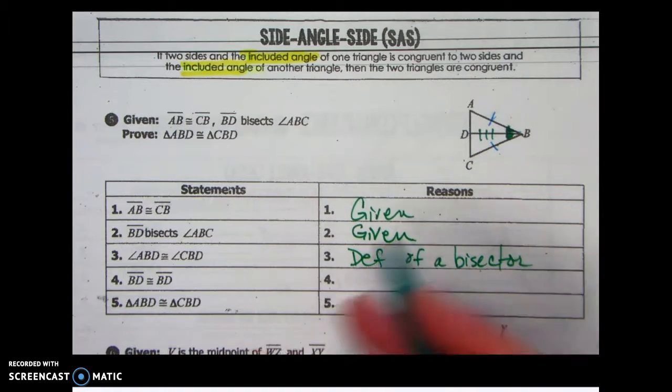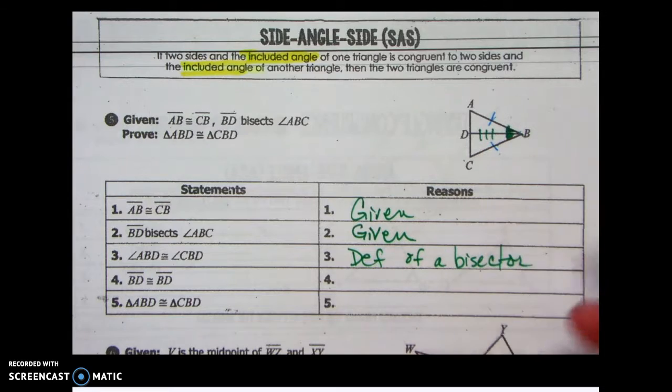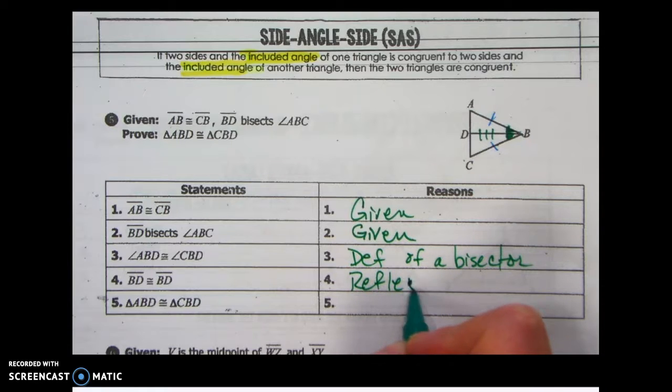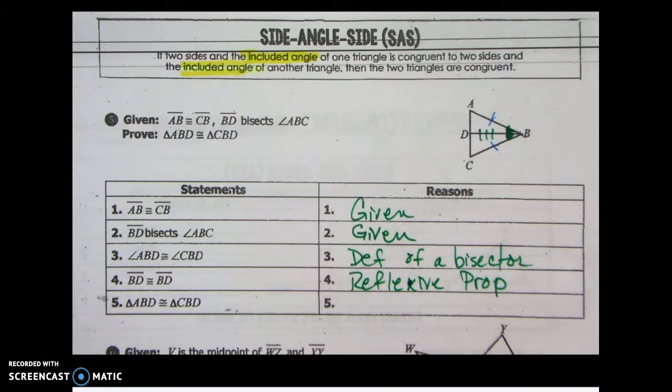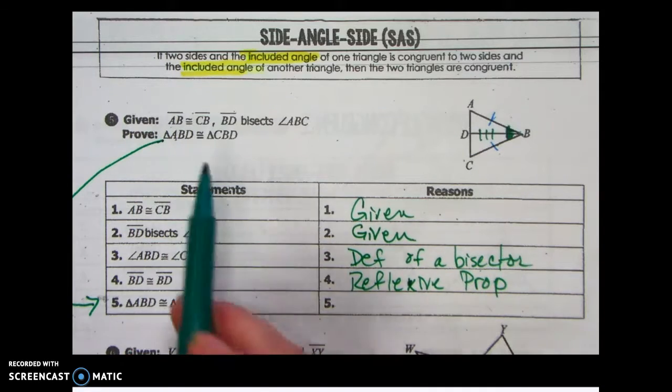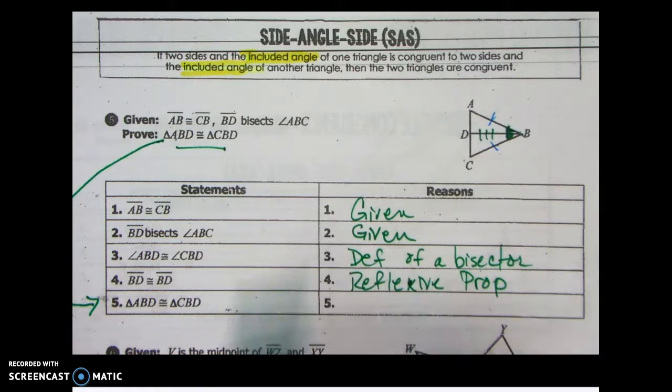And then BD is congruent to BD. It's the same line. So that is called the reflexive property. And now I have proven by side, angle, side that those two triangles are congruent. So the last thing that's always written here is whatever it was that I had to prove.